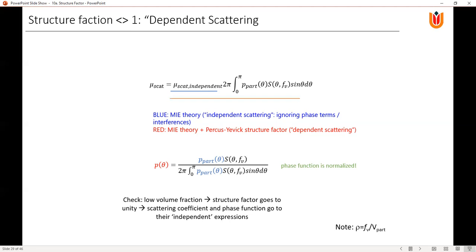But the difference between the red and the blue curves is that the red curves take into account interferences and blue curves will just ignore them.